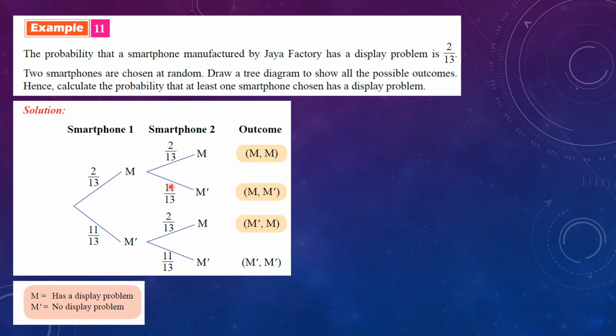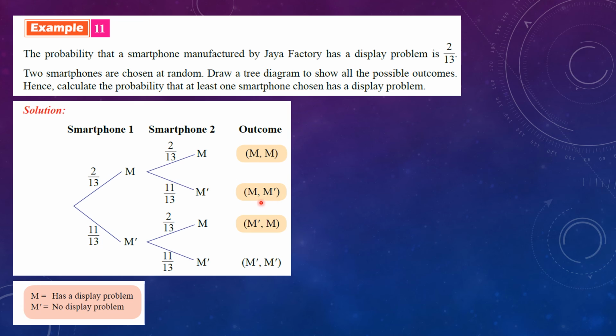You draw another branch of the tree here. So you get 2/13 for display problem, then another one is no display problem. Again for no display problem here, you also draw another branch. So we get 2/13 and 11/13, display and no display. So your outcome MM shows that both smartphone 1 and smartphone 2 have a display problem.